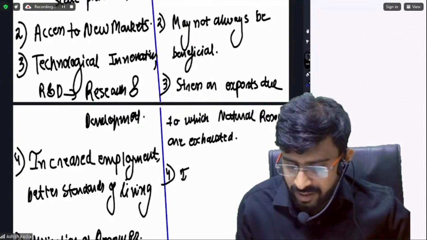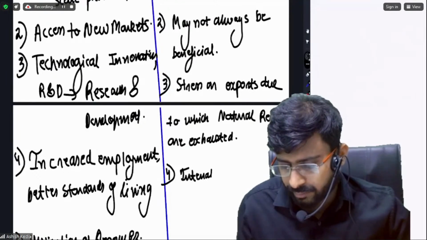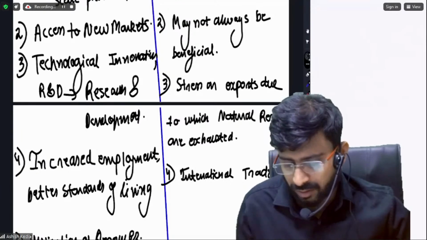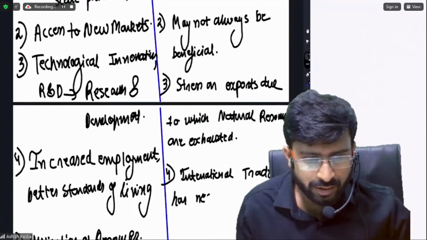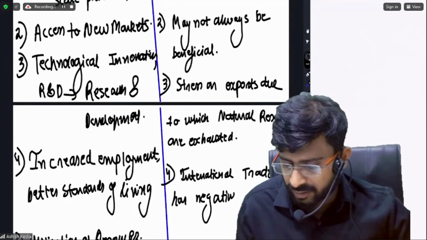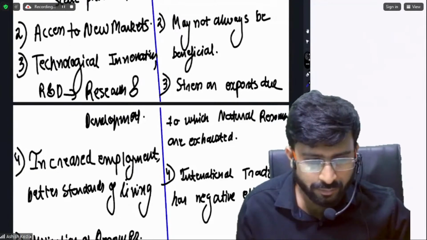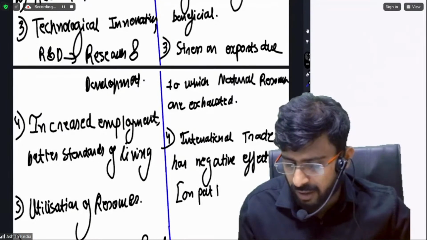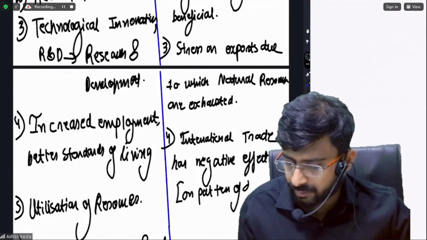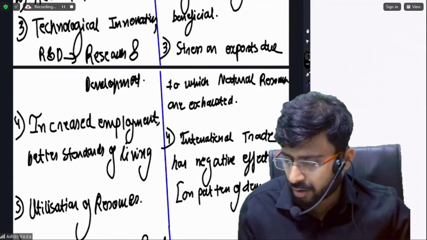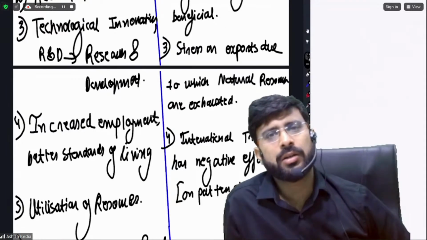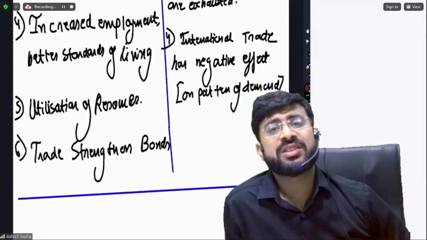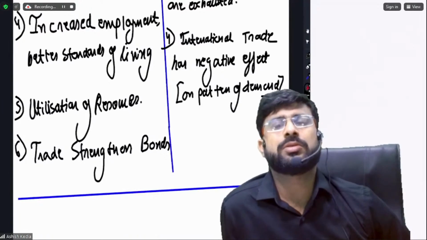Fourth, international trade has negative effect on pattern of demand. For example, when foreign brands come, the sale of domestic companies may reduce.